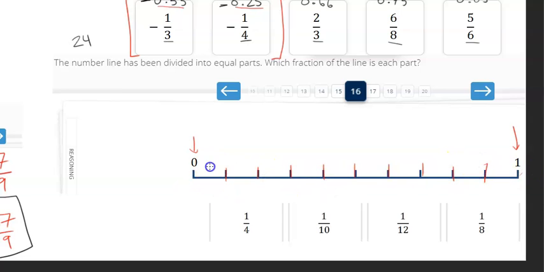So there's 10 parts all up. So the fraction of each line is just a tenth. This is a tenth, this is a tenth, and this keeps going. If we add all of those tenths up, it would give us exactly 10 tenths, which is 1. So that needs to be our answer.